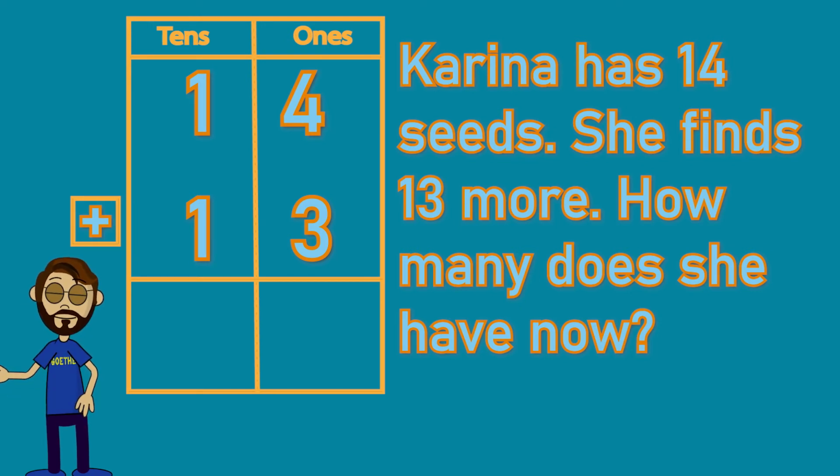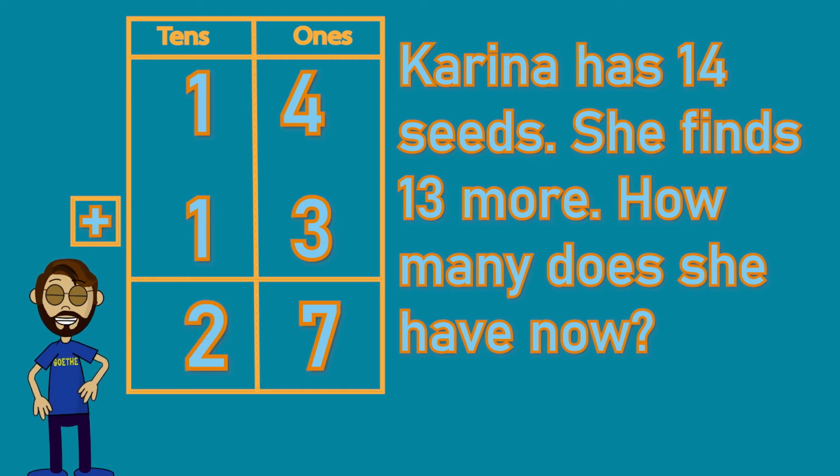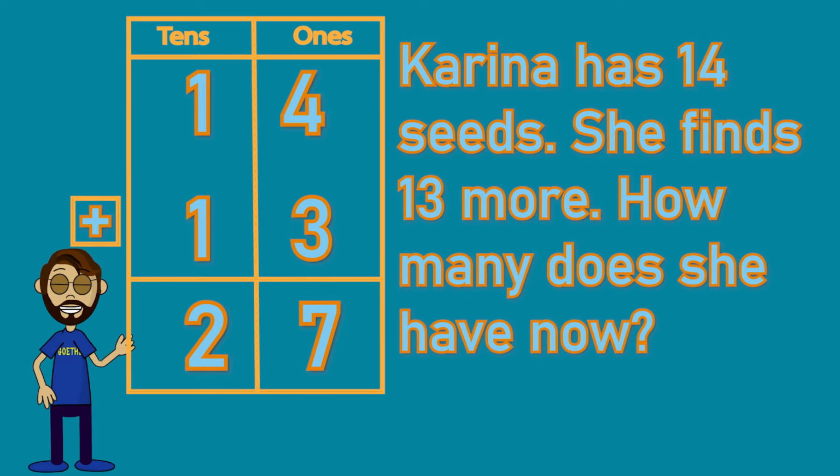So let's start with the ones. 4 plus 3 is 4, 5, 6, 7. So that's 7 ones. And then looking at the tens, we have 1 10 plus 1 10 equals 2 tens. So 14 plus 13 makes 2 tens and 7 ones, also known as 27.